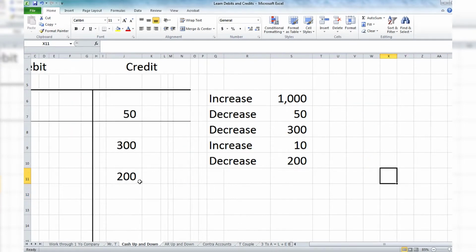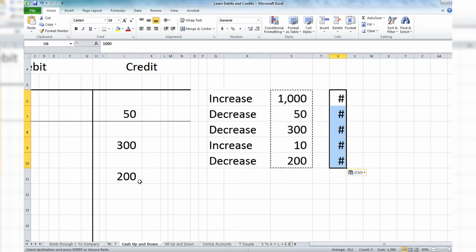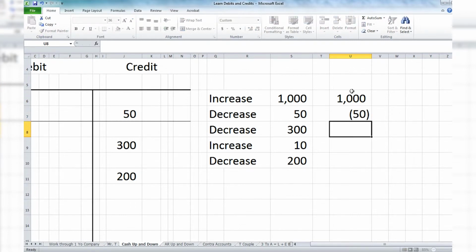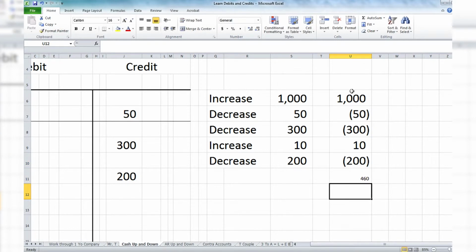Let me check ourselves over here. 1,000 minus 50 minus 300 plus 10 minus 200 is going to equal a balance of 460.